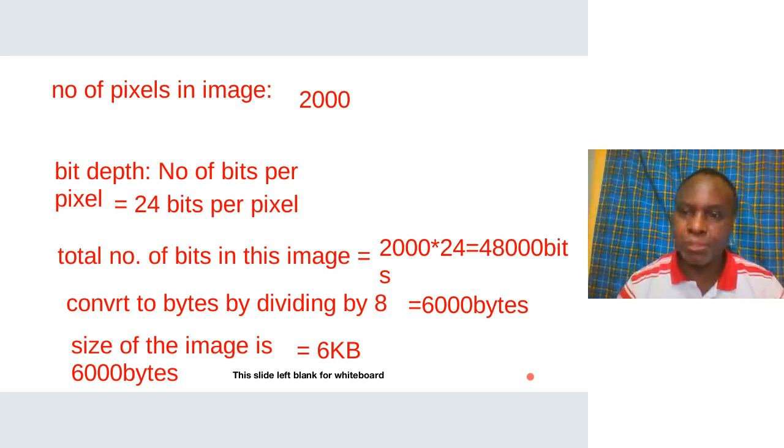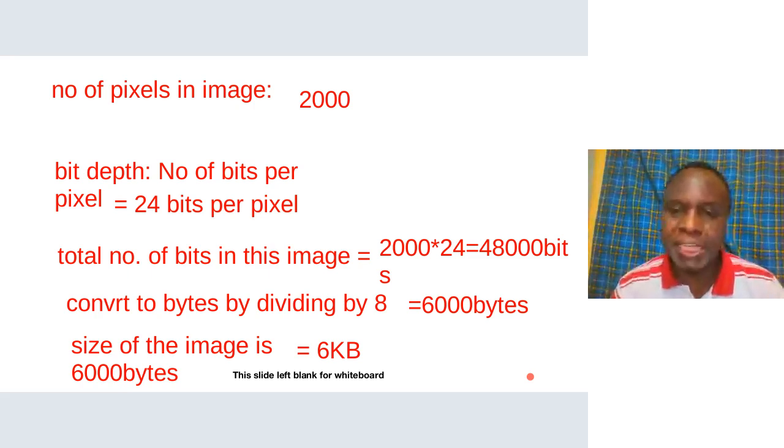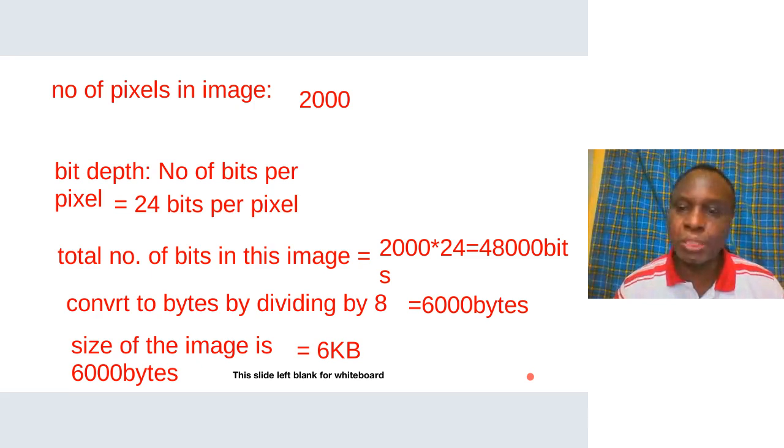So this was just introducing us to the concept of how to calculate the size of an image. But we'll look at this also in the next session as we conclude this topic on images. We'll be able to revisit how to calculate the size of an image given certain parameters.